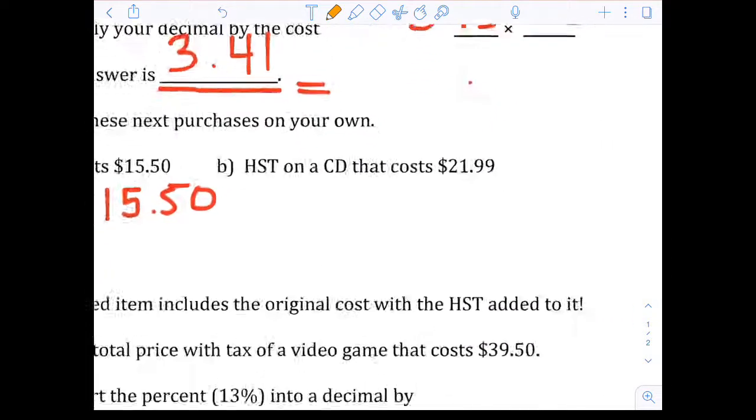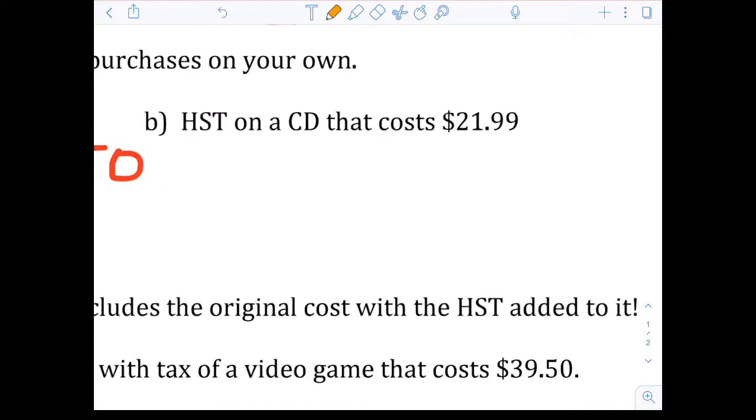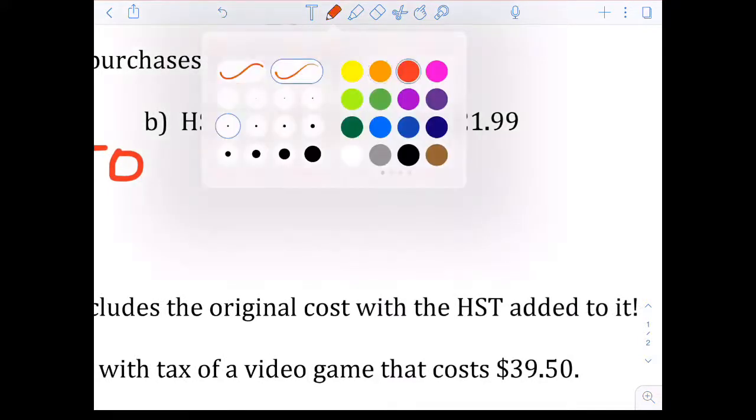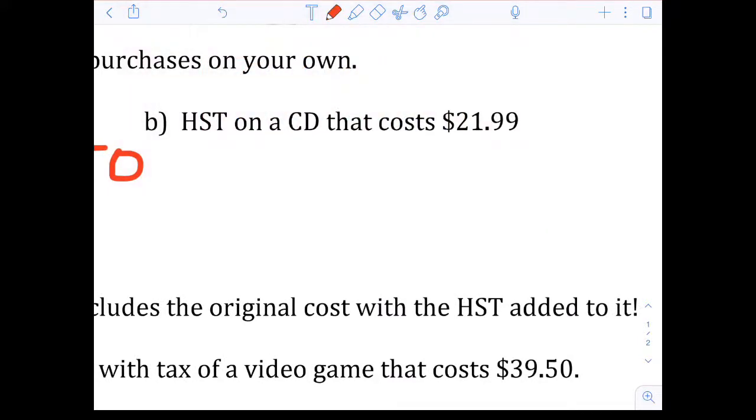Continue along, we want to find the HST on a CD that costs $21.99. So HST is 13%, we knew that. We don't even have to do this every time because we know that 13% is 0.13.